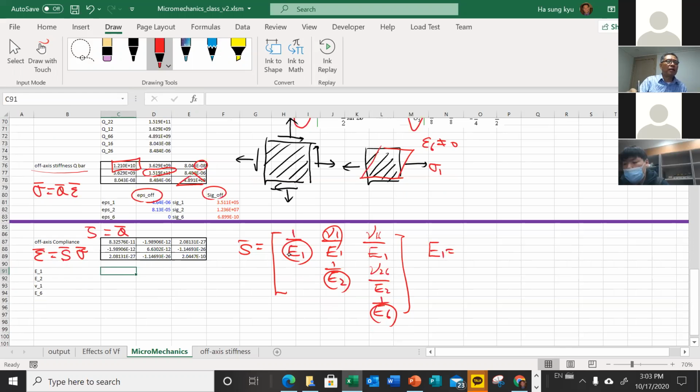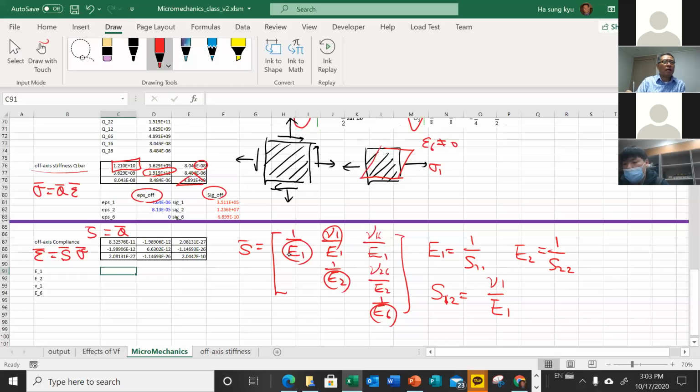E1 will be the inverse of S11, and E2 here is the inverse of S22, and S6, 1, 2 is mu1 E1.